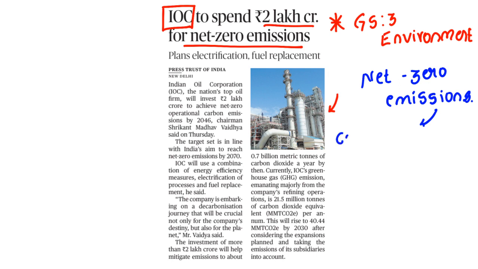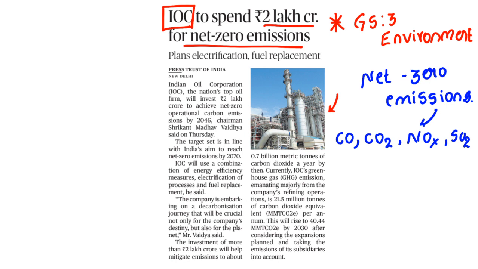It could be carbon monoxide, carbon dioxide, nitrogen oxide, or sulfur dioxide, whatever the substance might be. If it is emitted into the atmosphere and might cause serious climatic change effects, it is called emissions.